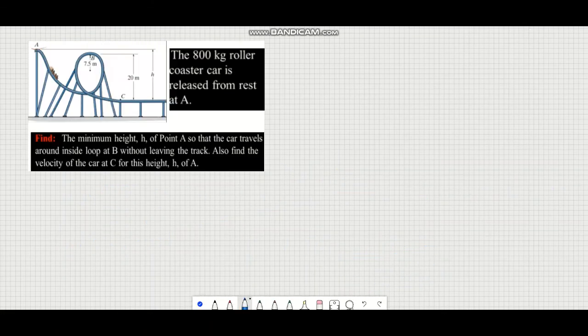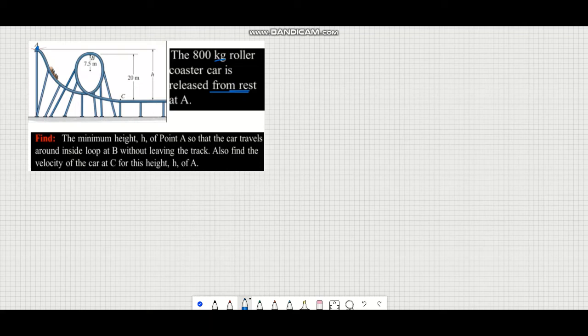In the second example, we are gonna have a roller coaster which has 800 kilogram. The question is asking if we start our motion from point A without initial velocity, with rest, which means there is no initial velocity, then it is released down, and this roller coaster travels without leaving the track and then comes back.